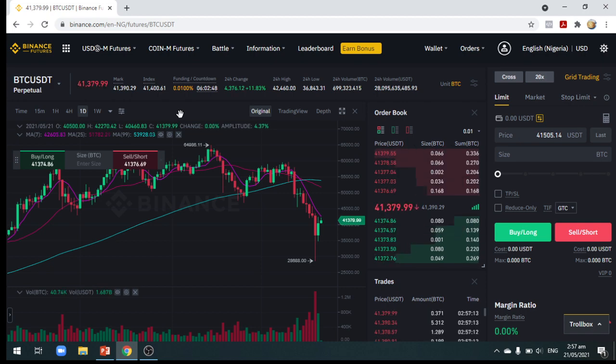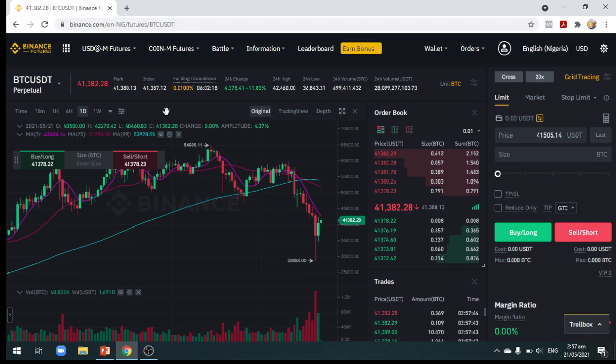It will be kept in your wallet. Whatever happens to the price of Bitcoin, you will still have the amount you bought. If you bought one Bitcoin and the price drops, you still have one Bitcoin in your wallet. The only thing that will change is the worth of that Bitcoin, but you still have one Bitcoin.